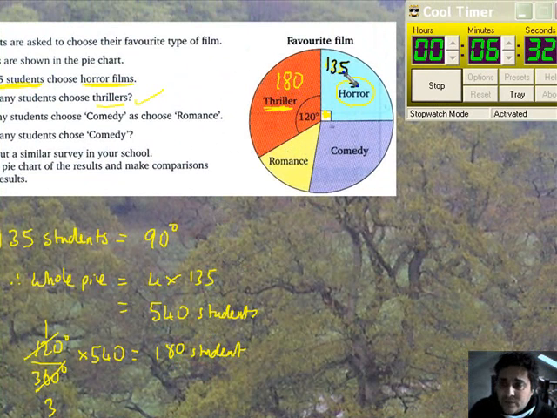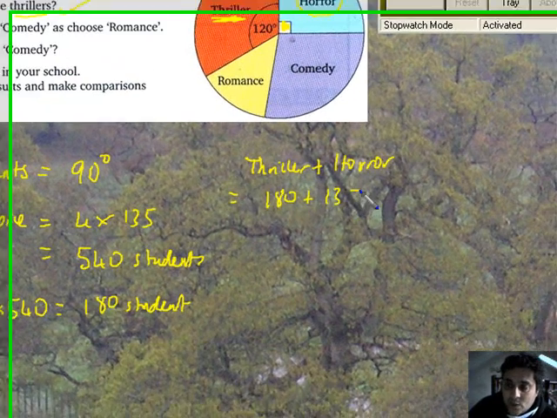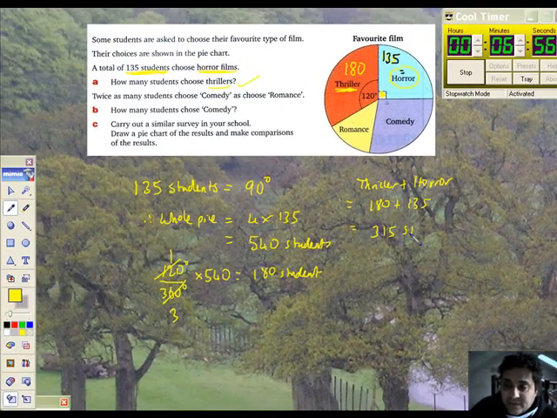I've got 135 who like horror. Let's just do a total here. So I've got thriller plus horror. I've got 180 plus 135. That gives me 315 students.